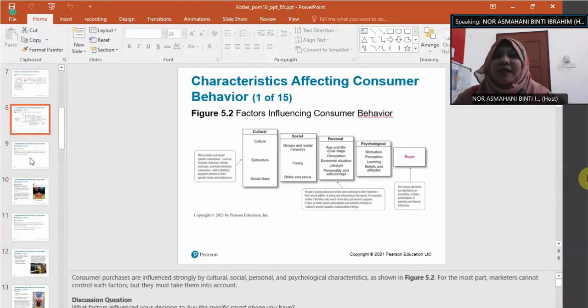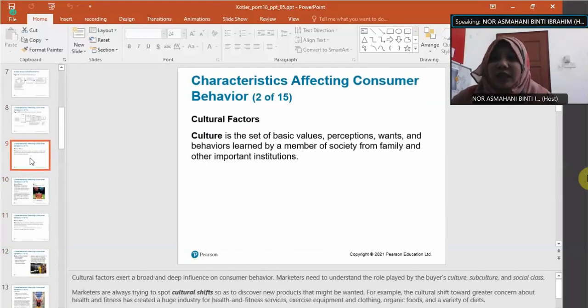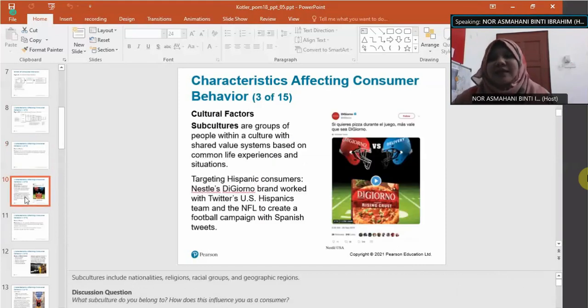If you come from a family that is health conscious, your parents teach you about health and good, healthy, natural food, definitely, sudah tentu, you will continue to consume good, natural products. Ini yang kata the wants and behavior learned from family. It can be changed, right? Because we blend with other cultures in our country.